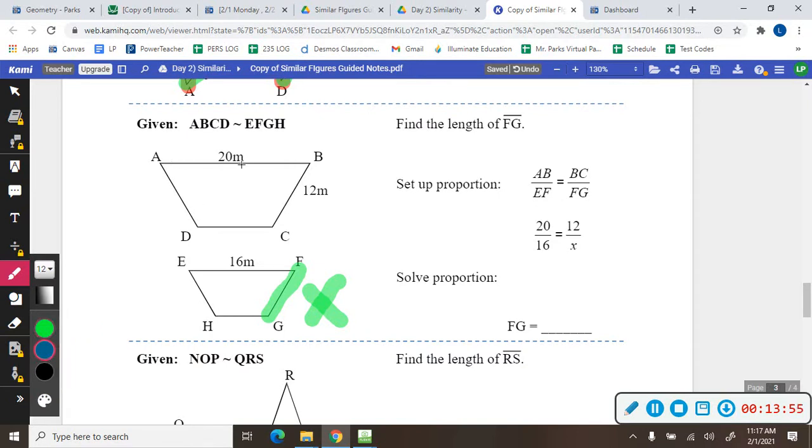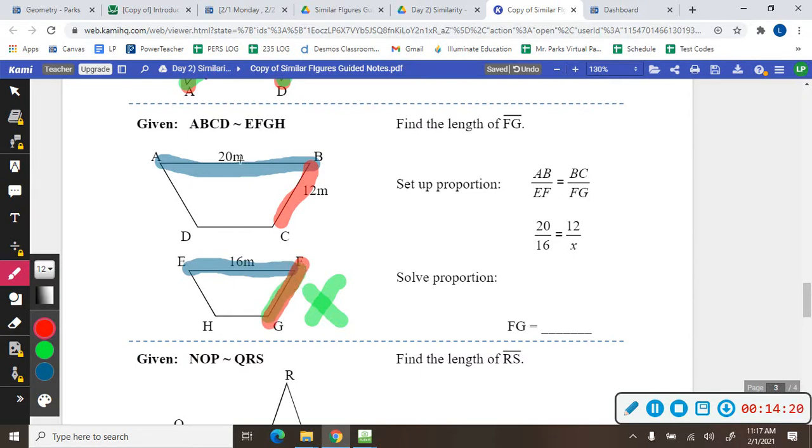So we're given 20 and 16. So we're going to definitely use 20 and 16. And then they give us 12, and we're going to find our x. So if we take this divided by this, that's going to equal this divided by this.